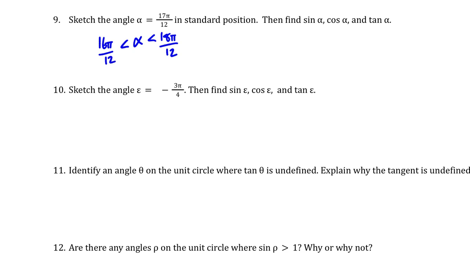And so 16 pi over 12 reduces to 4 pi over 3, and 18 pi over 12 reduces to 3 pi over 2. And so I'm thinking that this angle is halfway between 4 pi over 3 and 3 pi over 2, because I can see clearly that it's halfway between these two angles.